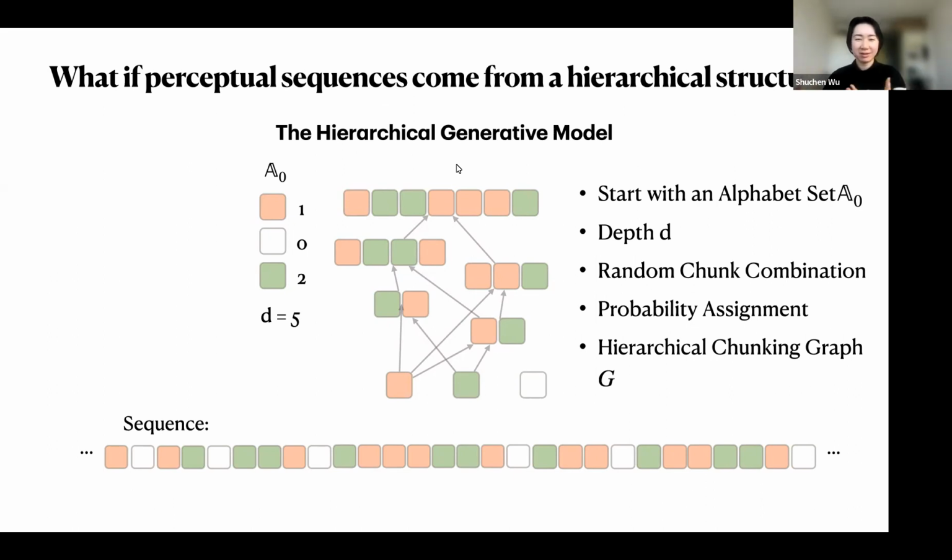Basically, you use this generative model to generate sequences. And in this world, only two things matter: the red thing and the green thing. The white thing is empty, so it's null, or no observation.